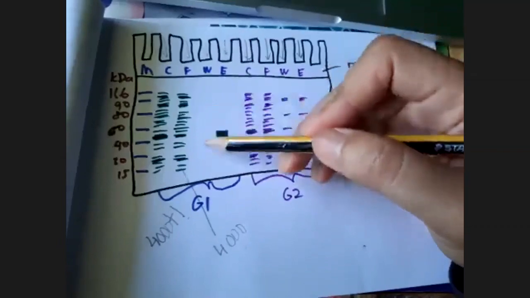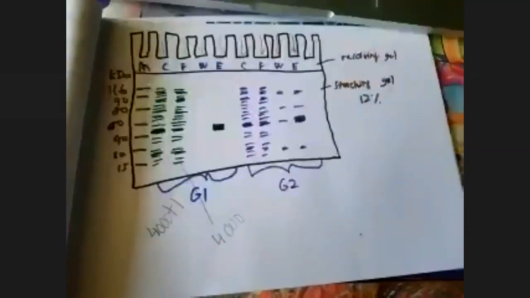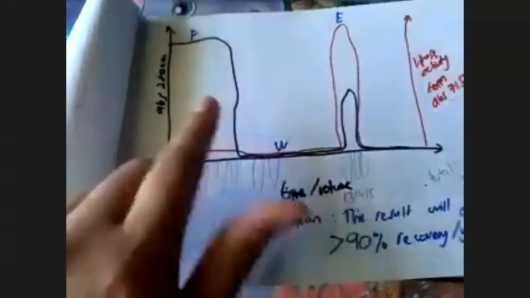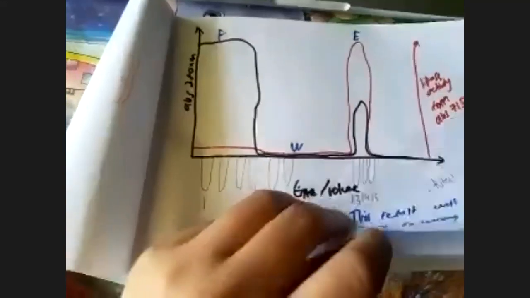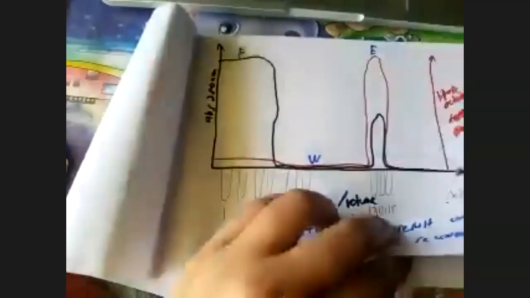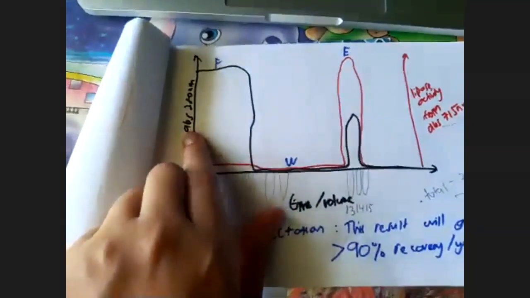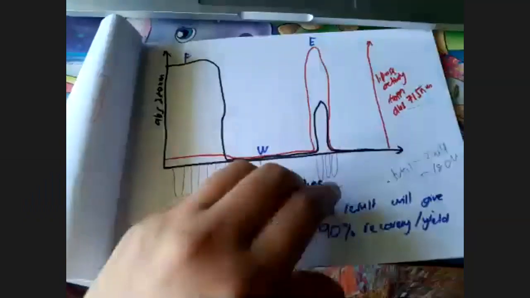And then during the washing step, it should be nothing. Flow through, yes, we should expect many bands there because we have high absorbance at 280 nanometer.